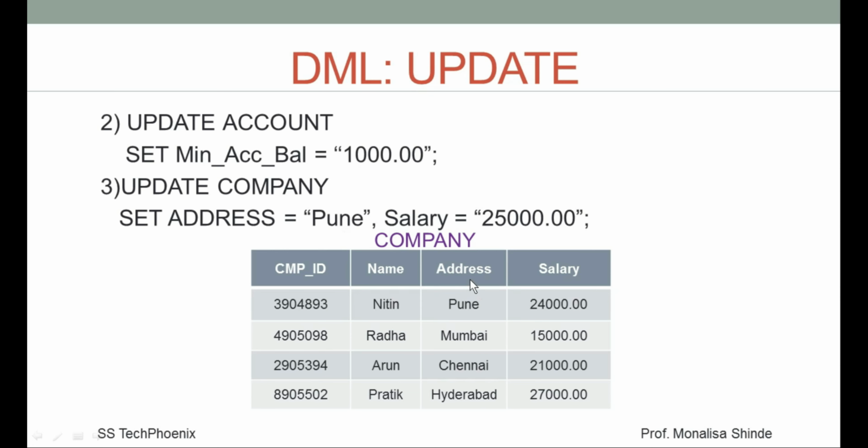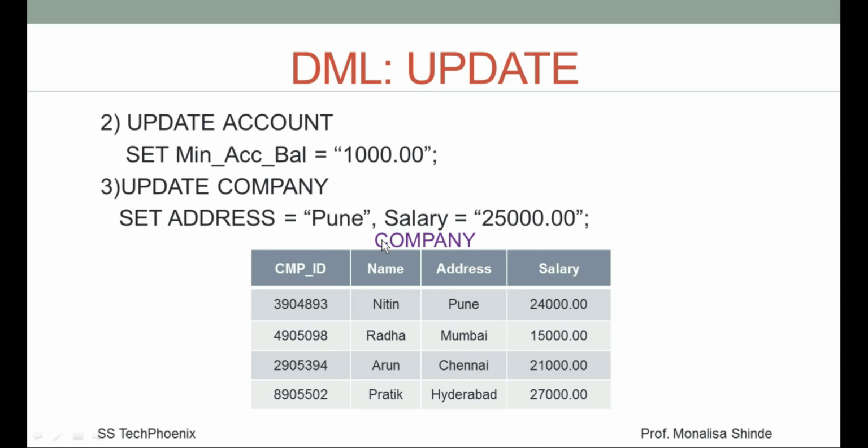Here address is different for all the employees and salary is also different for all the employees. But now it may be possible the company has shifted to another location and they want to restructure all the records. Now salary will be 25,000 for all the employees and their location will be Pune.